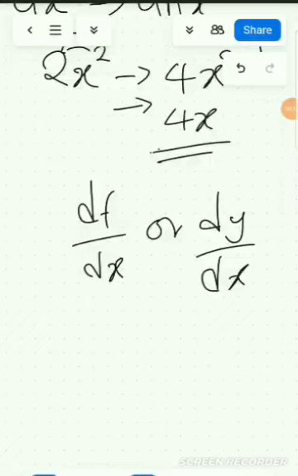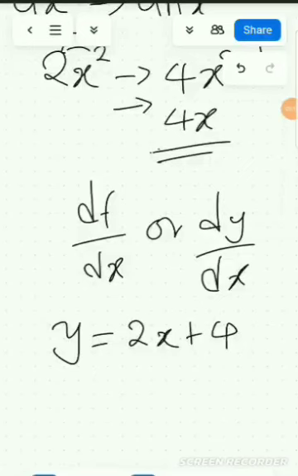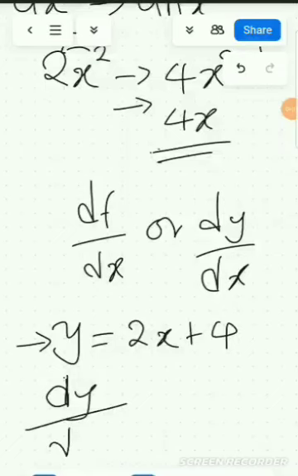So basically, we have a function, an equation, 2x plus 4. Now, if you are told to differentiate this with respect to x, it will be written as dy, this is the equation y, over dx. What are you differentiating? You are differentiating with respect to x. So you will basically just target x.